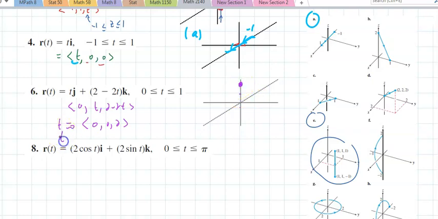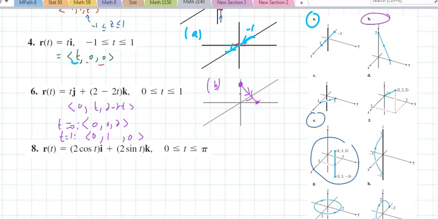And I terminate at t equals 1, just like we did back in the days. So that will be at 0, 1, 0. So I'm really moving in this direction. And I'll try to match which of those, and it's right there. This turns out to be B.